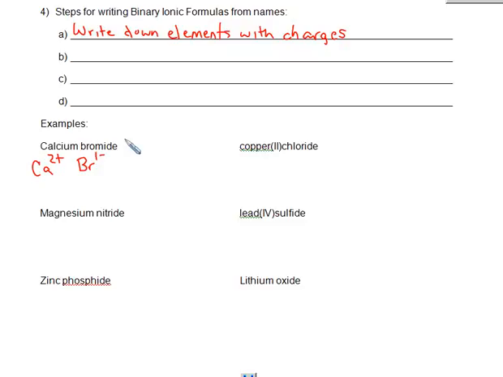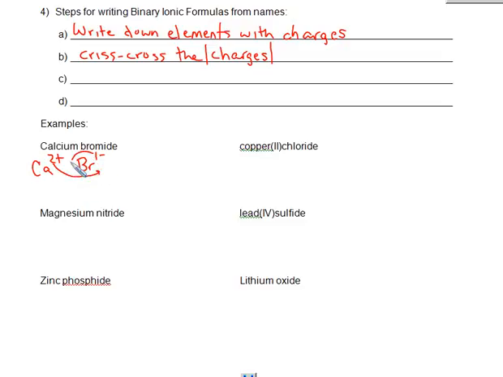All right, next step, we're going to crisscross the absolute value of the charges. And I'm using that line there to mean absolute value, so I'll put one on the other side of charges. So we're going to crisscross the absolute values of the charges, and we're going to make them into the subscripts. So we're going to take the 2, and it's going to slide over here.